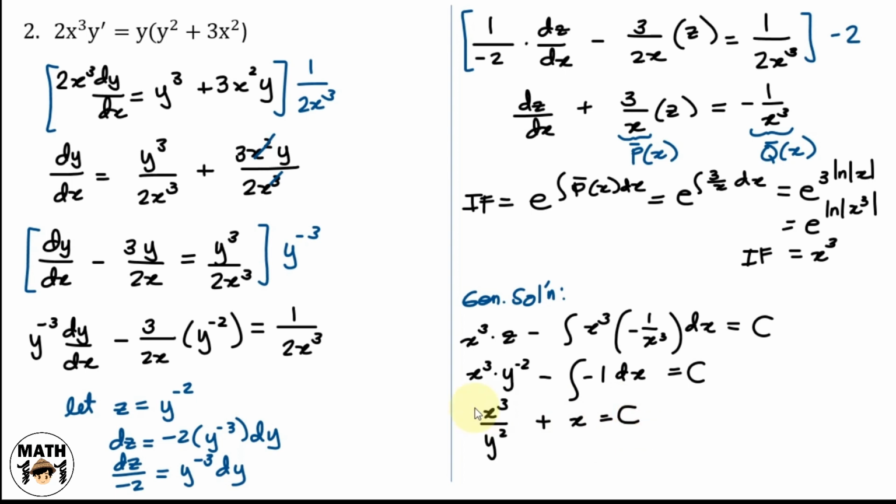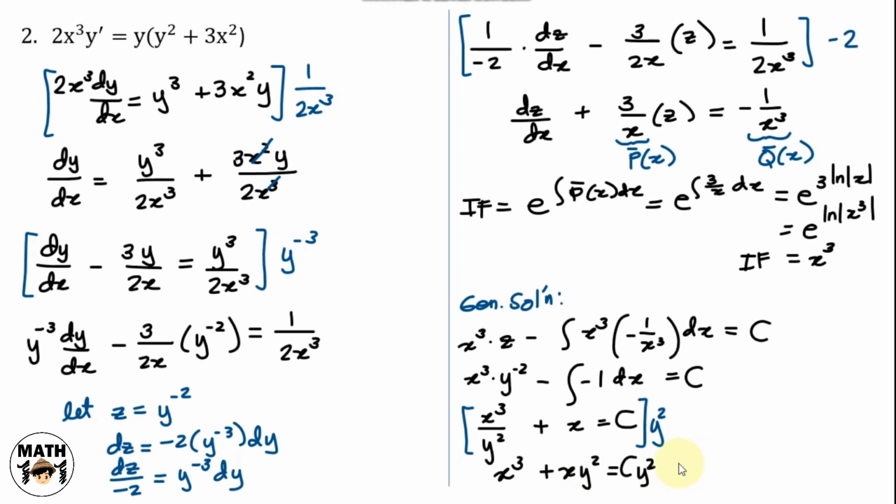To remove the denominator, we'll multiply the whole equation by y squared. And we'll get x cubed plus xy squared equals cy squared. And pagsamasamahin lang natin lahat ng may y squared sa right hand side, that is equal to x cubed equals quantity c minus x multiplied by y squared.